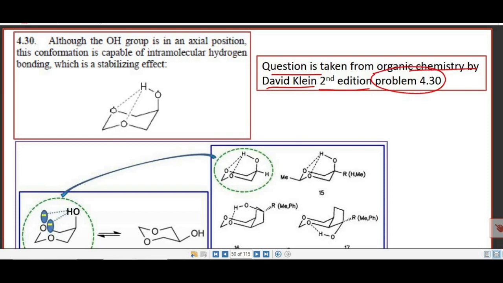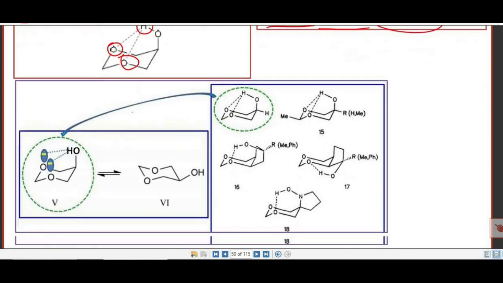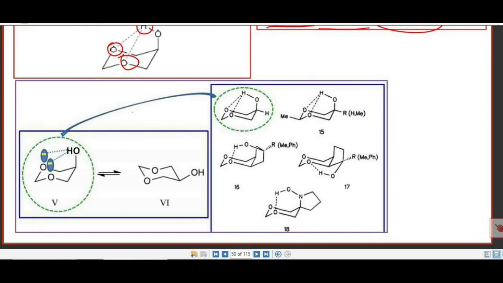Although the OH group is in axial position, the conformation is more stable if it contains intramolecular hydrogen bonding. It forms an intramolecular hydrogen bond here between this oxygen and this hydrogen. 2 intramolecular hydrogen bonds are formed. So axial OH is more stable than equatorial OH.